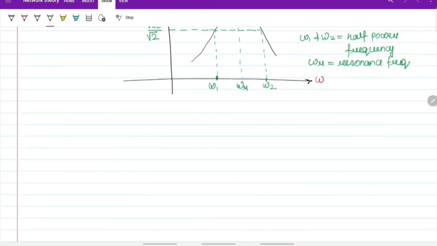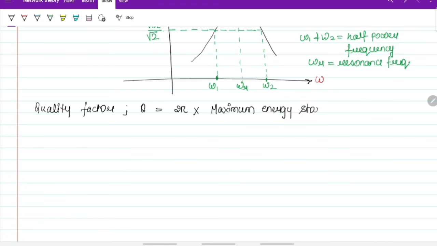Now, what will be the quality factor? Quality factor is 2 pi into maximum energy stored divided by energy dissipated.